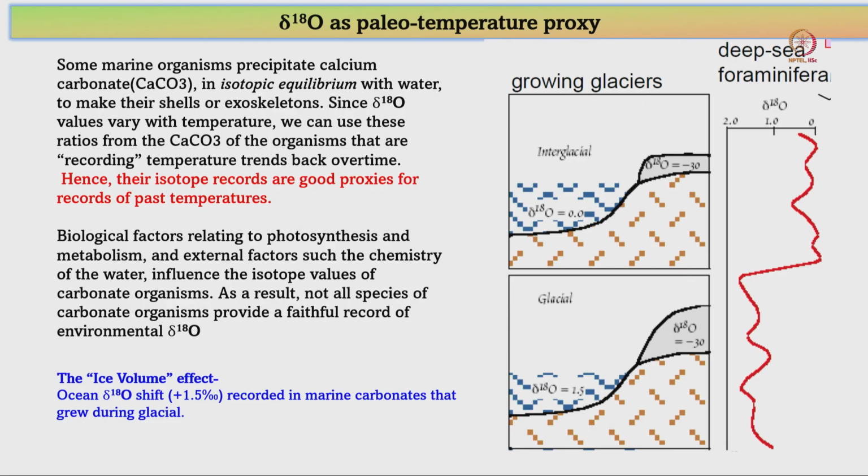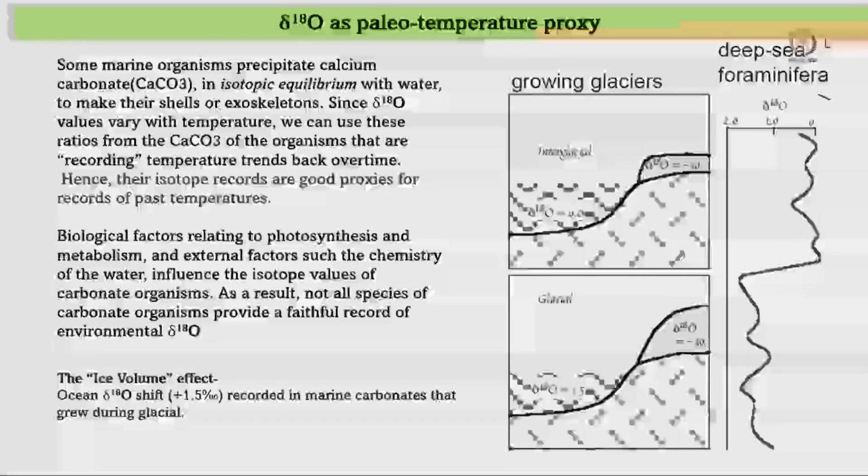Depending on a lot of factors, there can be a biological effect. We have found out through trial and error methods that only certain species of animals can be very good proxies, and among them are these deep sea forams. These are tiny animals whose exoskeleton, whose shells we are going to use as our proxy for paleo-temperature.